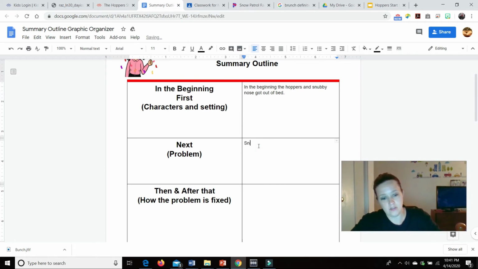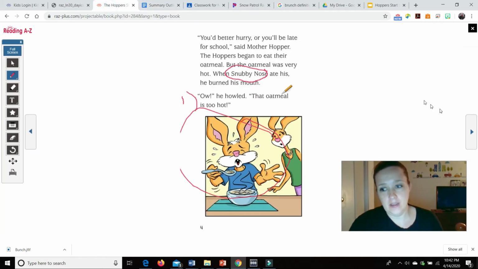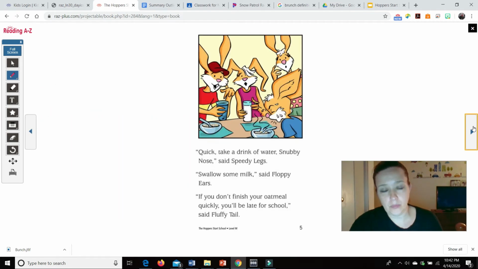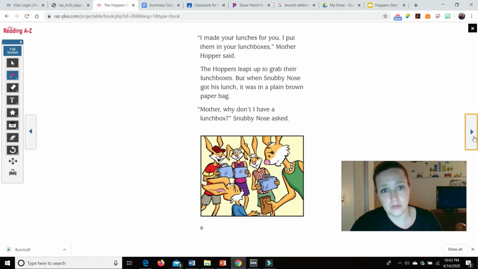Next, Snubby Nose ate oatmeal and it was too hot. Okay, so that's a problem. And his brothers are trying to help him, but here Mom says if you don't finish your oatmeal, you'll be late for school. That also could be a problem for Snubby Nose.